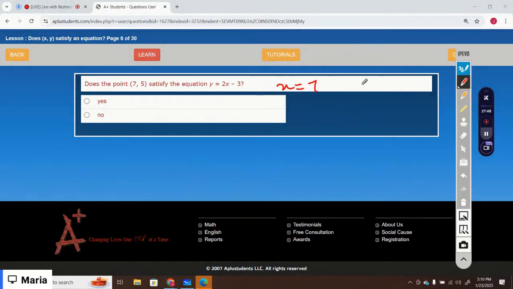x equals 7, y equals 5. y is 5, x is 7. 7 times 2 is 14. 14 minus 3 is 11. 5 is not equal to 11, isn't it?